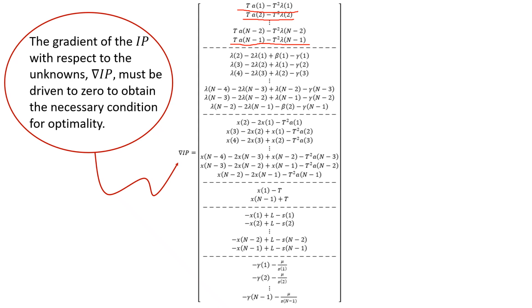So this is a gradient which contains equations, and there are as many equations as there are unknowns. There are 5n plus 2 unknowns, so this is a vector of length 5n plus 2.